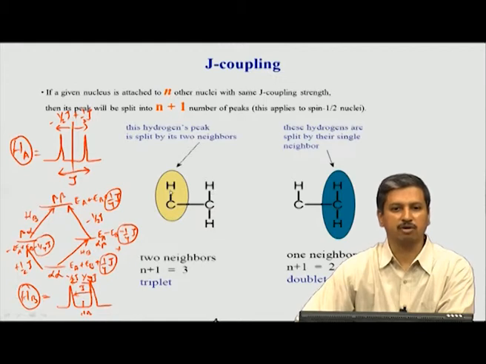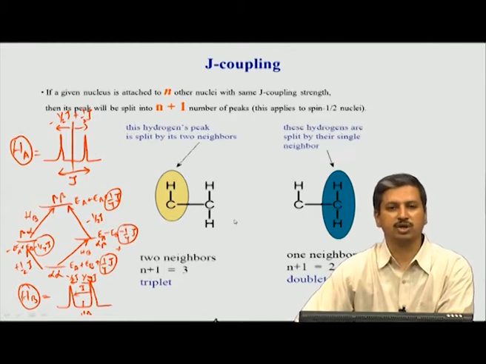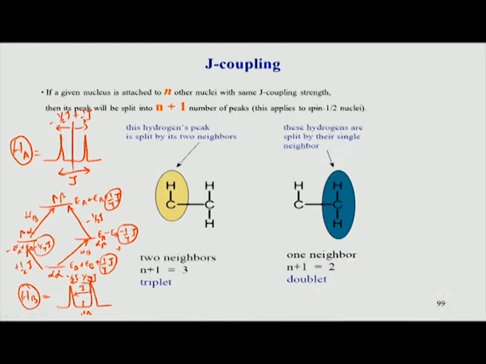But the value of coupling of this hydrogen to this hydrogen and the value of coupling of this hydrogen to this hydrogen should be the same. Typically this happens when these 2 hydrogens are chemically equivalent. So, the n+1 rule is applied specifically where there are chemically equivalent hydrogens and a hydrogen atom is coupled equally to both of them.